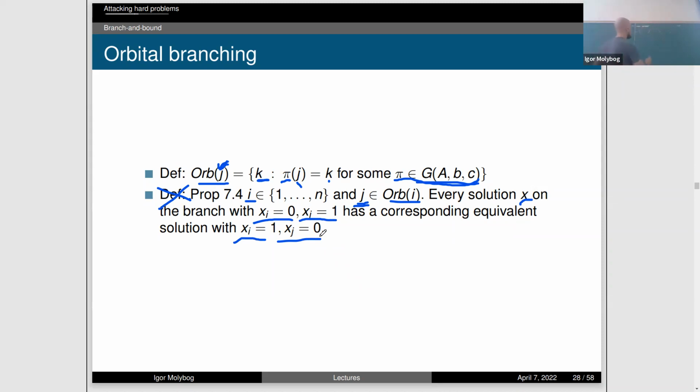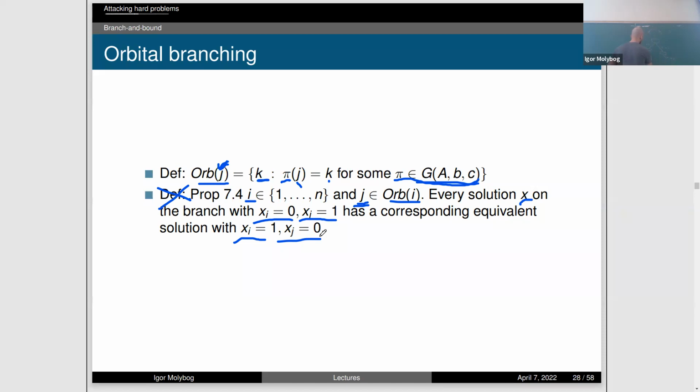Then when you're doing branching and you have a branch with Xi equal to 0, and somewhere here there is Xj equal to 1, then there must be another branch having Xi equal to 1 and Xj equal to 0.